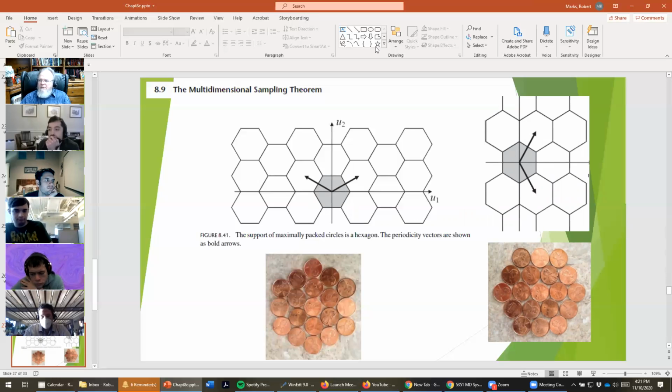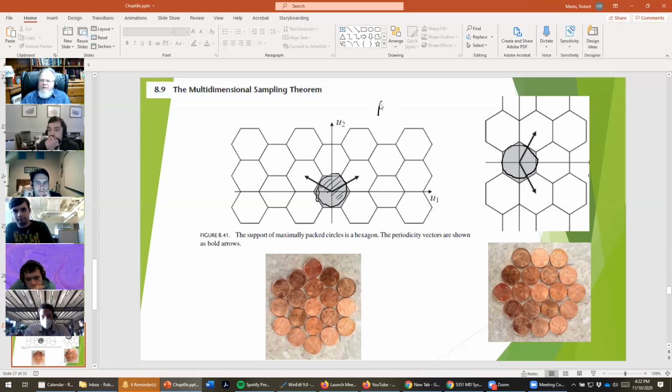For example, say that our spectrum was 0 outside of a circle, much like the pennies were here. We could replicate that frequency domain in this hexagonal replication. We could also replicate it in this hexagonal replication, couldn't we?